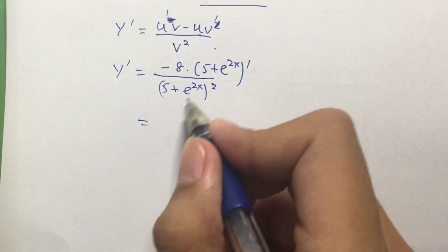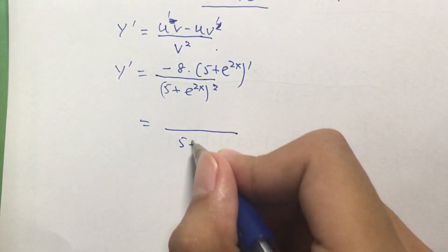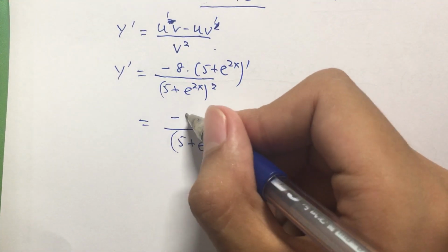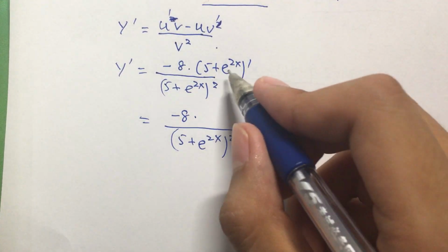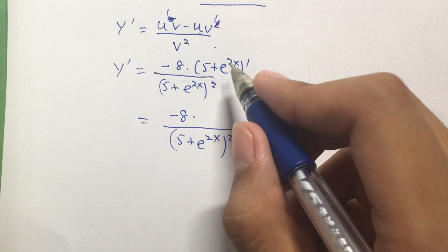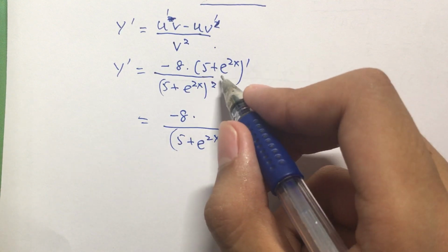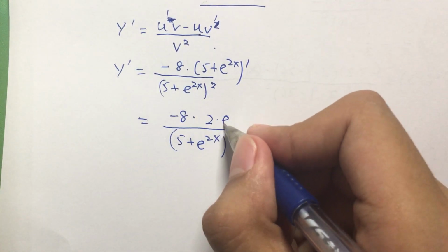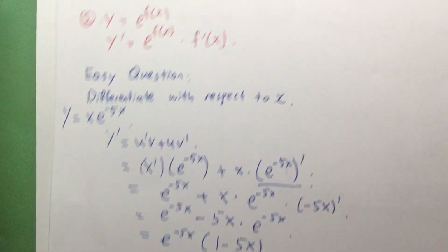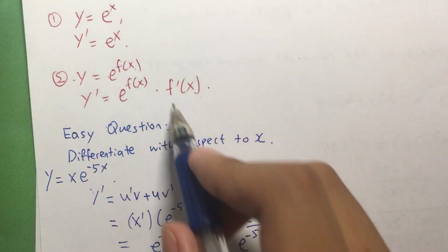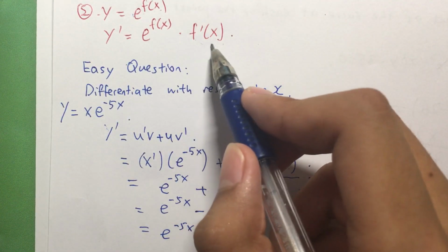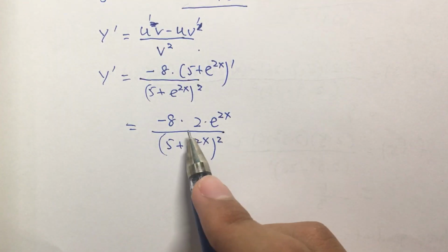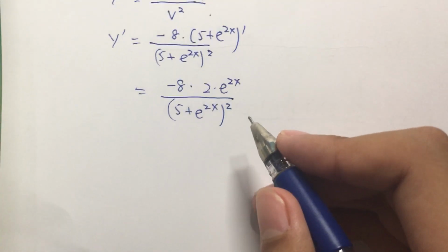And this is equal to (5 plus e to the power of 2x) bracket squared underneath, and negative 8 times, well, we know that 5 differentiates to 0, and e to the power of 2x becomes 2 times e to the power of 2x according to this formula, because we need to times f dash x, so f dash of 2x is equal to 2, so we times the 2 at the front.